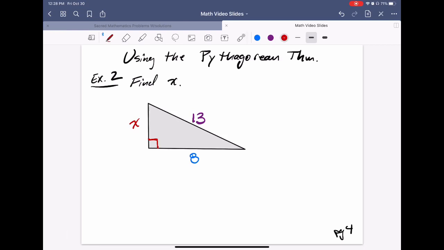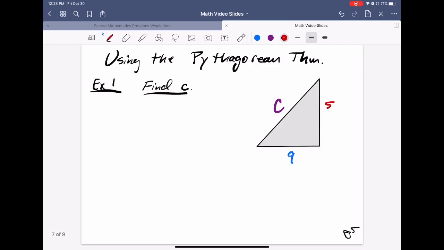Now we're going to use the Pythagorean theorem to solve for a missing side. Let's go here. My pages are out of order. Oh well. So we're looking for C. Find C. Well, I have A and I have B. I'm looking for C. So remember the Pythagorean theorem is A squared plus B squared equals C squared.